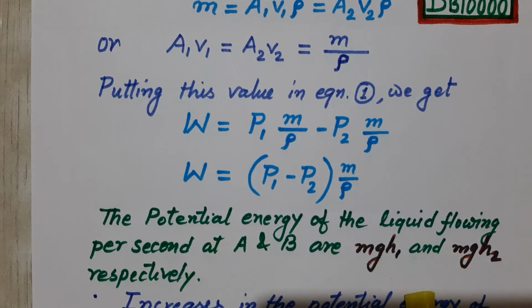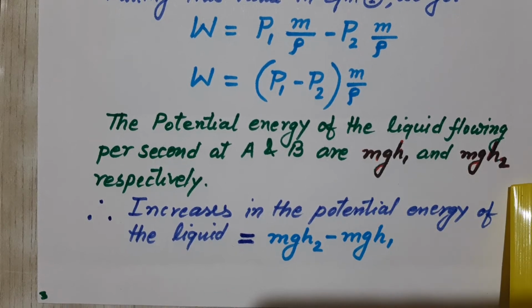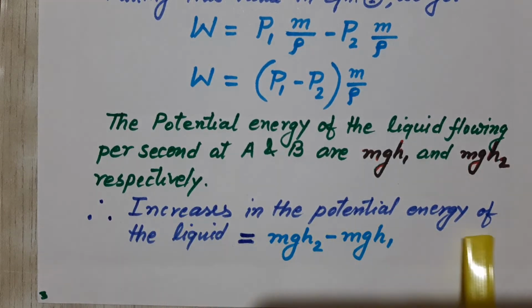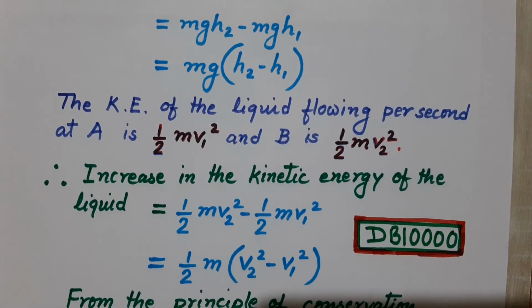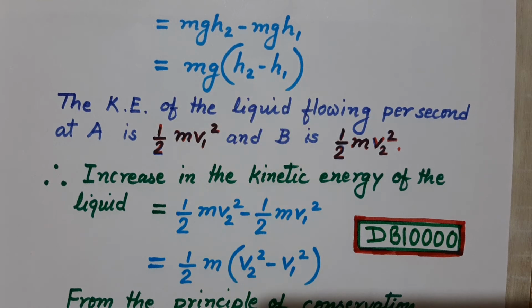The potential energy is mgh1 and mgh2. The increase in the potential energy of the liquid is equal to mgh2 minus mgh1. This is the increase in the potential energy. Now increase in the potential energy is mg into h2 minus h1.